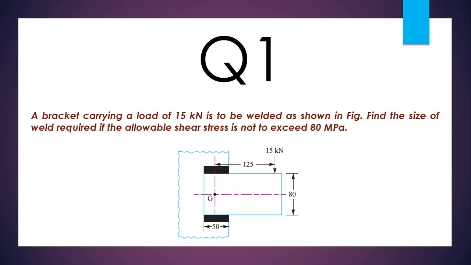Find the size of the weld required if the allowable shear stress is not to exceed 80 megapascal, and the welding arrangement is given in this particular figure.